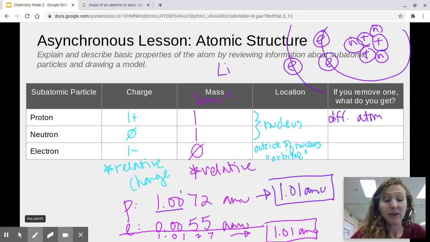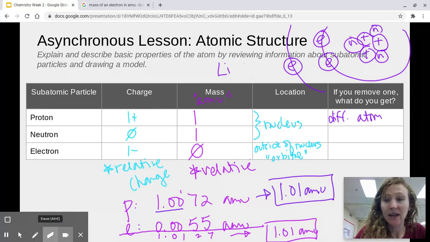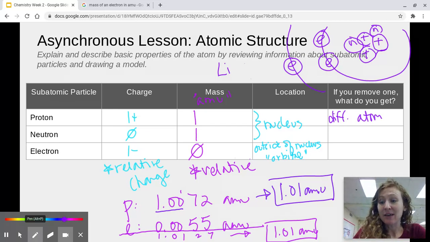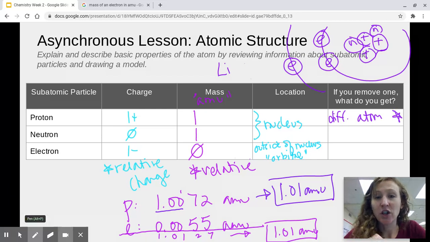Okay, what happens if we take away a neutron of lithium? What do I have? Do I still have lithium? Yep, I do. I still have 3 protons, which means I still have lithium. Notice that protons are what determines the element you have. So if I take away a neutron, I still have lithium, but the lithium weighs less.